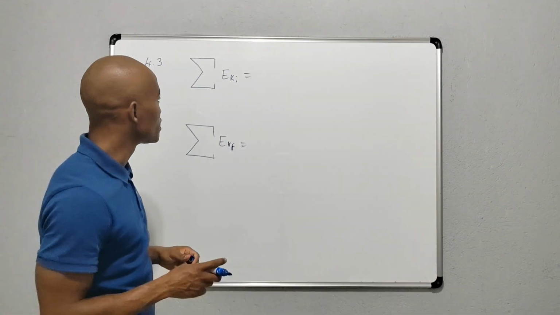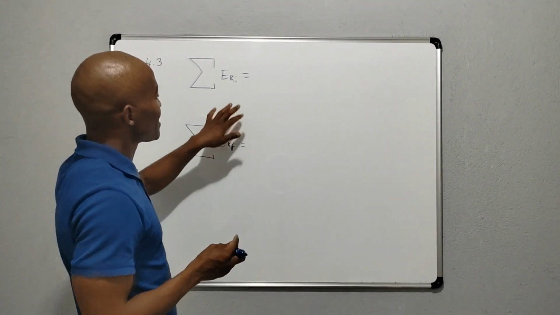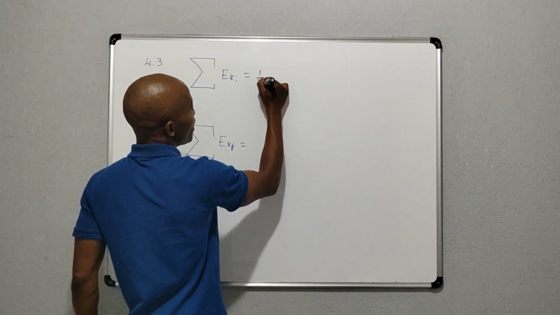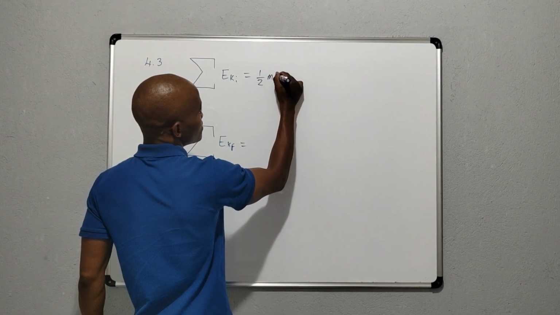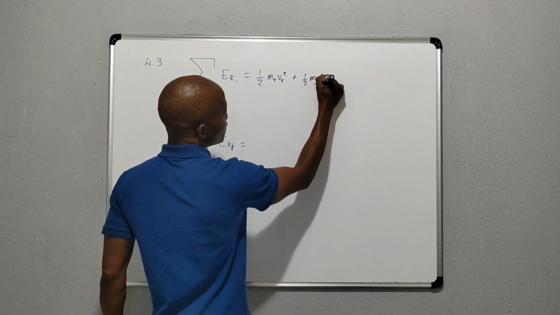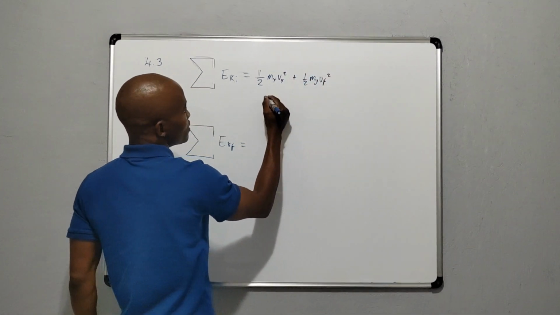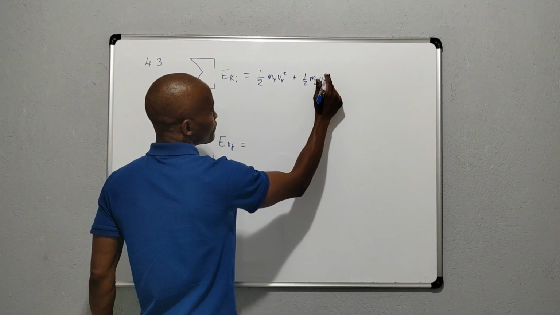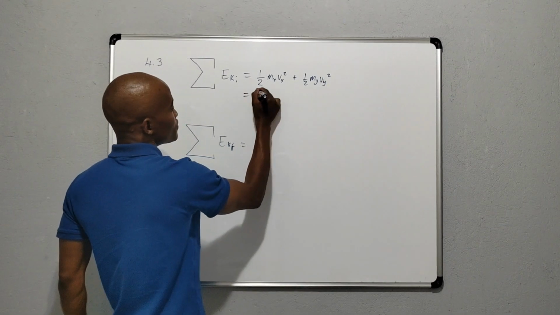So let us do that. The sum of the kinetic energies before collision will be half mx vx squared plus half my vy squared.